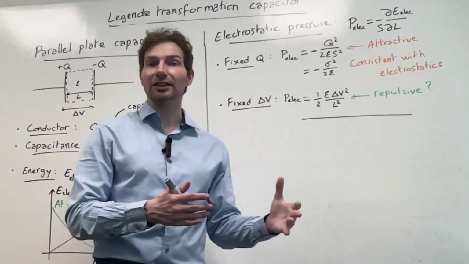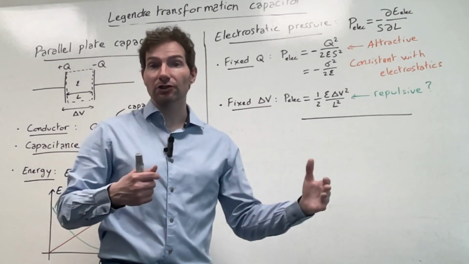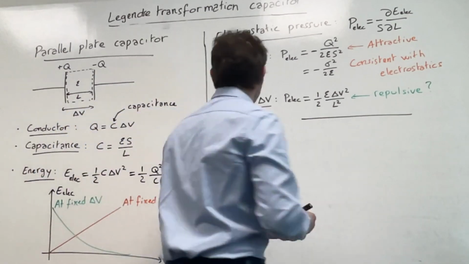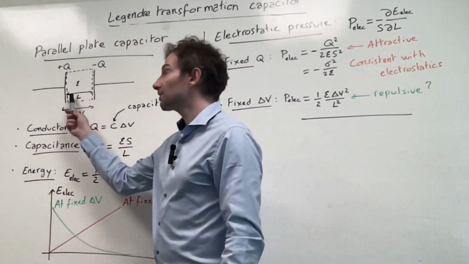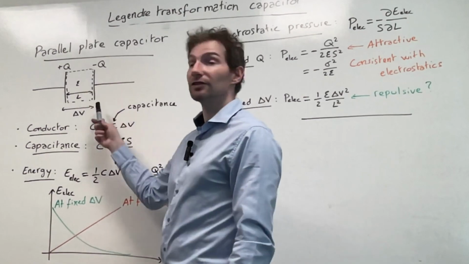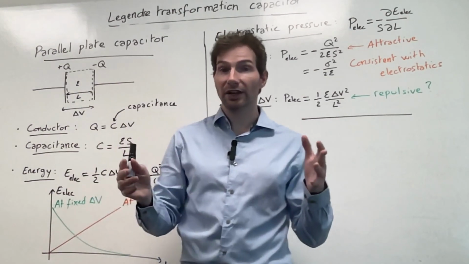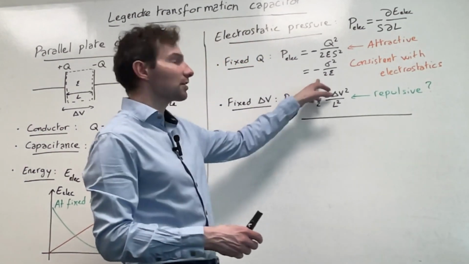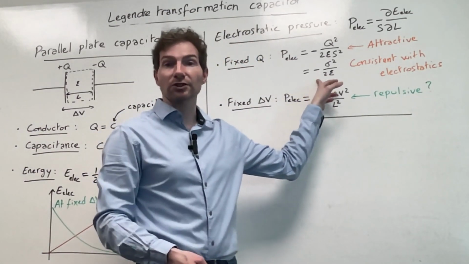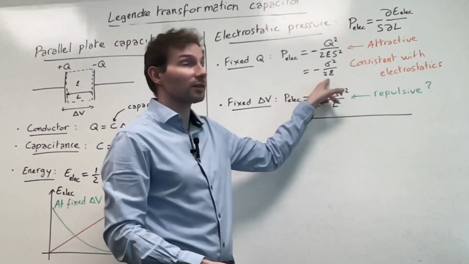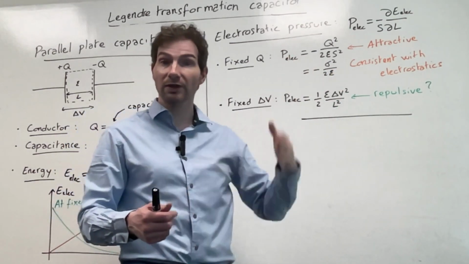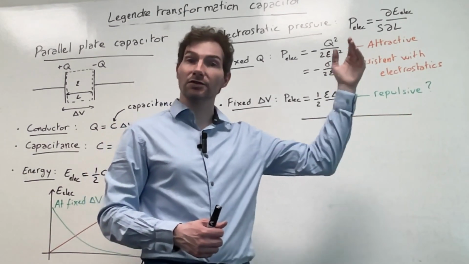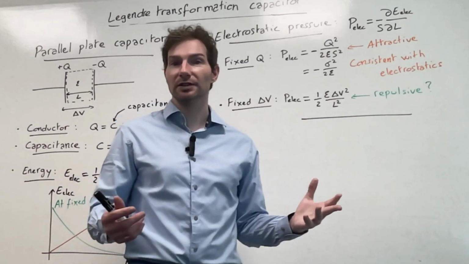You obtain a negative pressure, which means that the plates are attracted toward each other. You have a positively charged plate and a negatively charged plate, so their electrostatic interaction should be attractive. In fact, this is the field emitted by one plate times the charge of the other plate.